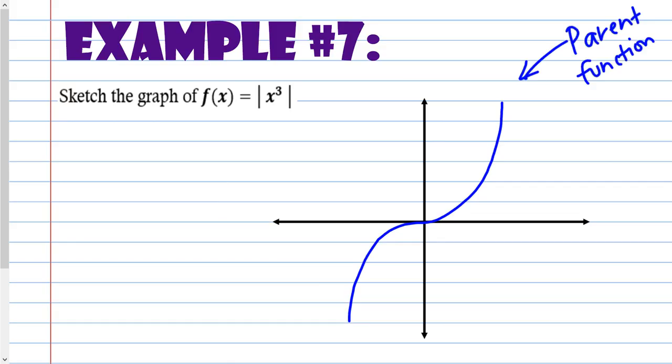So an easy way of looking at this is the absolute value makes anything below the x-axis, let me mark that, anything below the x-axis, jump up to the top. Basically, it reflects it up. And so if I were to sketch this properly now, all of this stuff in the bottom here would flip up like this.